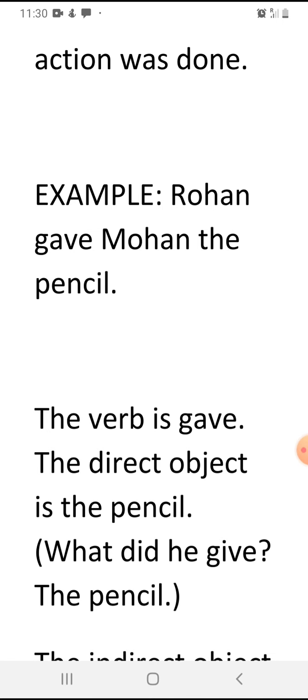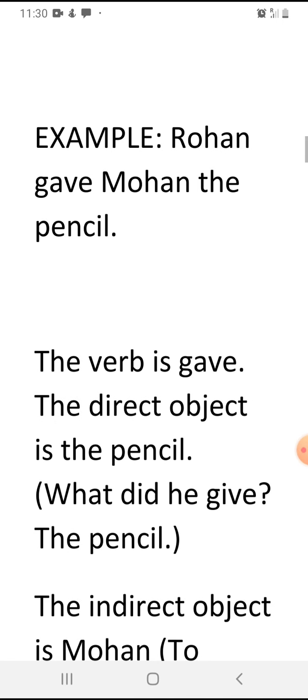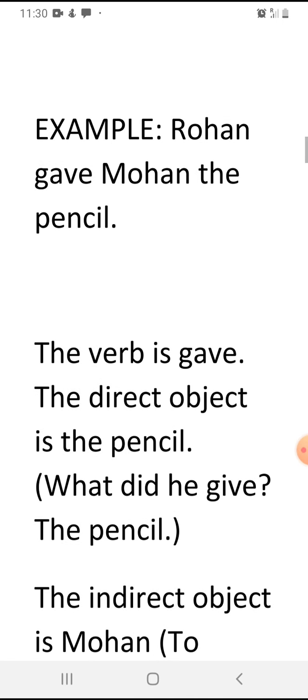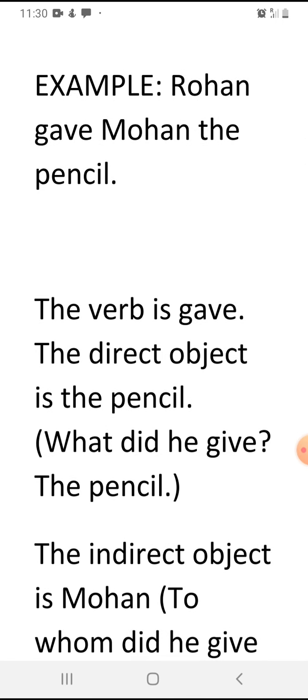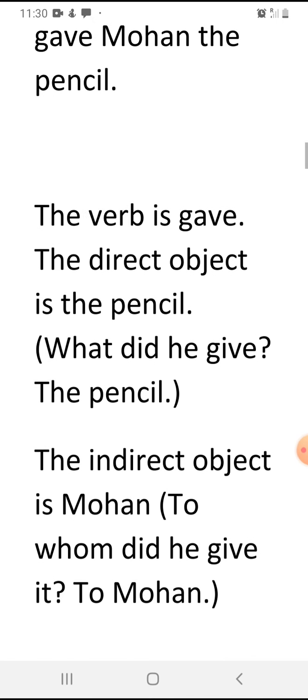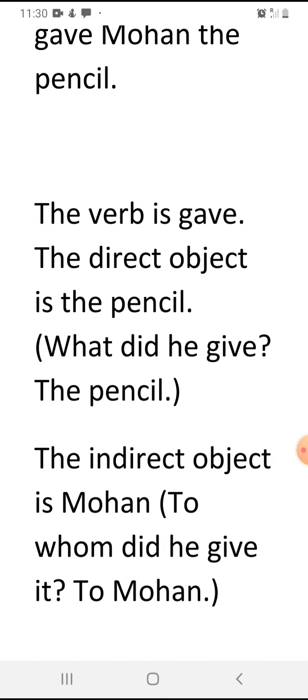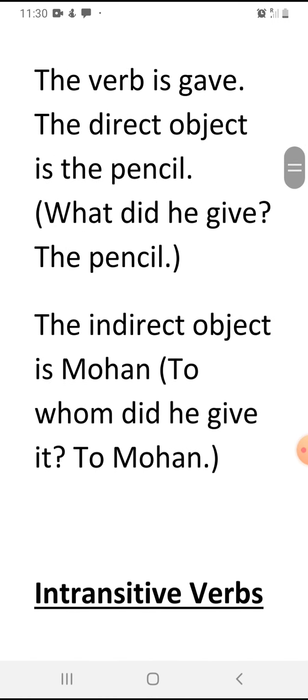The answer we get, the pencil. And if we ask Rohan gave whom? We are getting the answer Mohan. Rohan gave Mohan the pencil. So in this sentence, the pencil is the direct object and Mohan is indirect object.